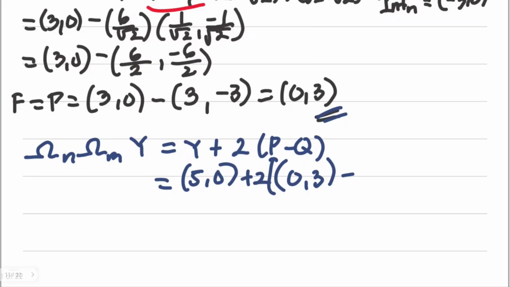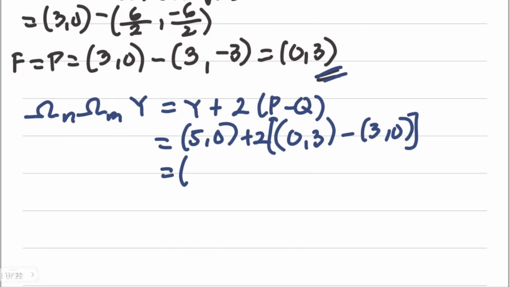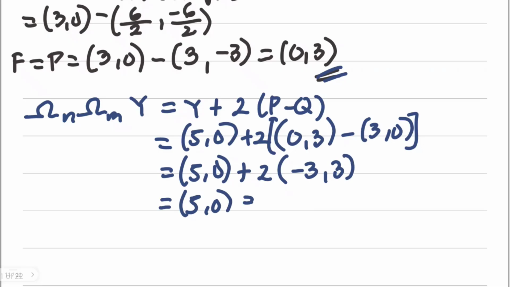So everything will come into order as we look into that. So you have here 5, 0, plus twice, that's actually negative 3 and positive 3. This is 5, 0, plus negative 6 and positive 6.